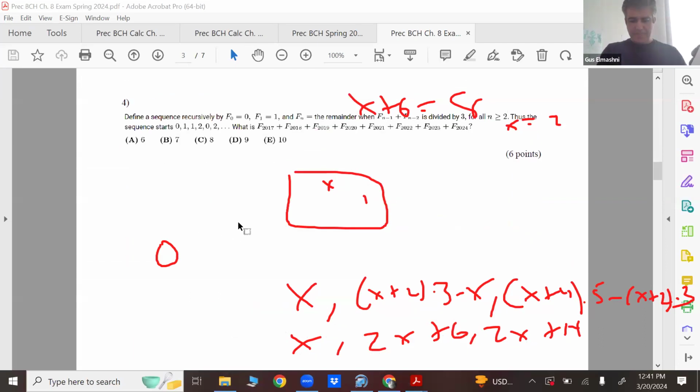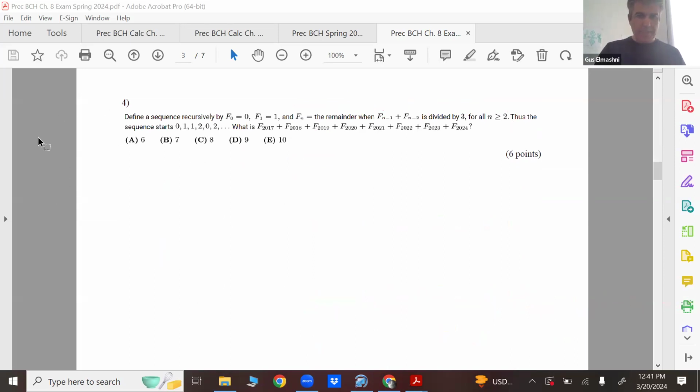For number 4, the answer was D as in dog. You have 8 terms, it looks like, that you're adding up. And actually it goes in a group of 8, I believe, if I'm not mistaken. If you add up all the numbers first, it's a remainder when you divide, we add the 2 and divide by 3. So right now the remainder is, hold on.